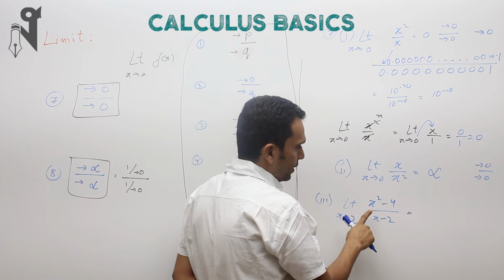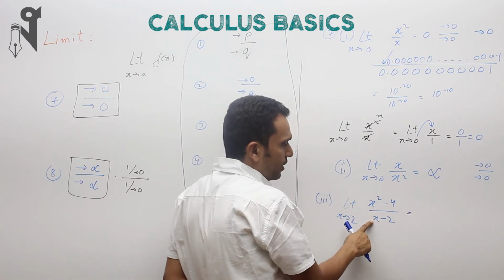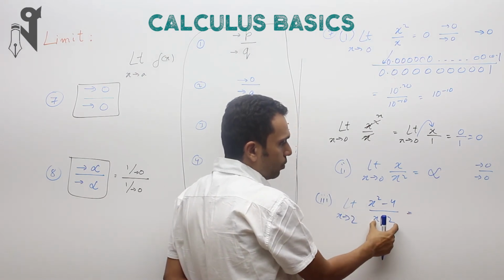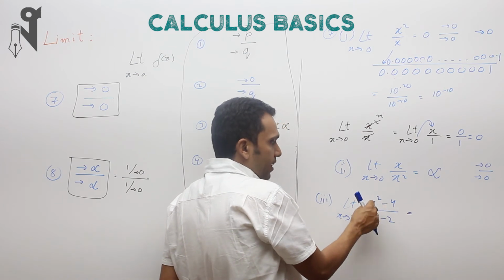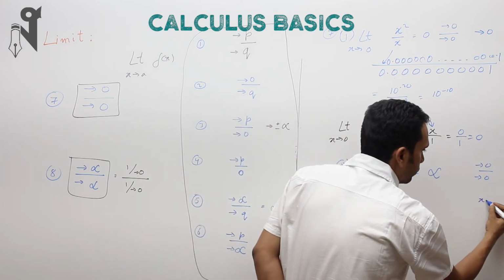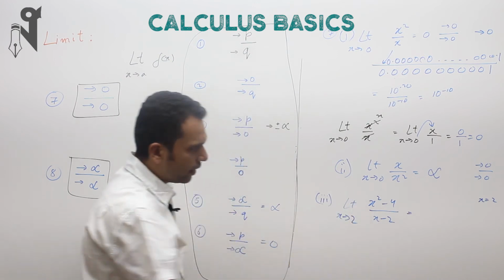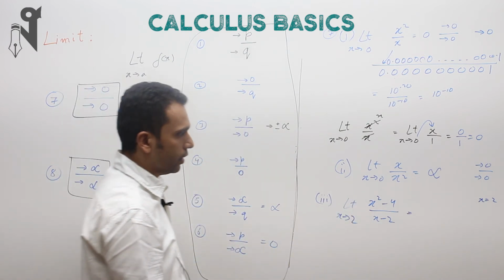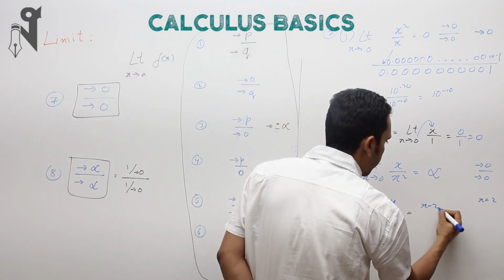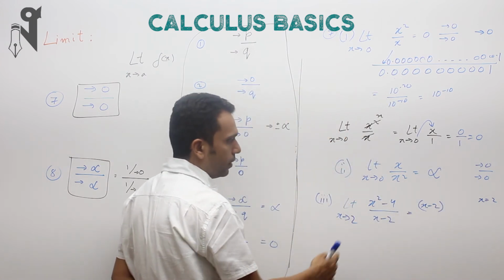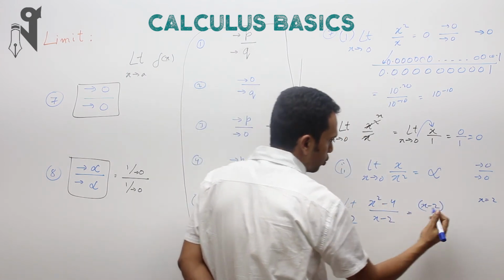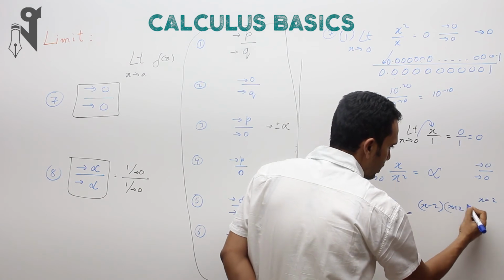So one way is factorizing. We know that x minus 2 is making the bottom 0. So when x is equal to 2 it is making the numerator also 0, so it must be a factor over there. That means the numerator must have an x minus 2 in it when we factorize it, and we very well know that x square minus 2 square is x minus 2 into x plus 2.